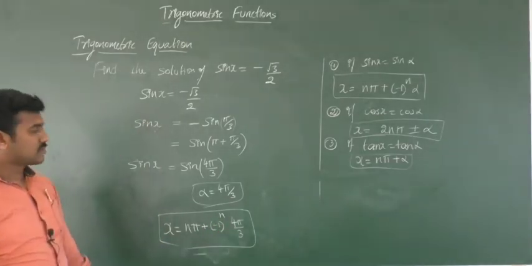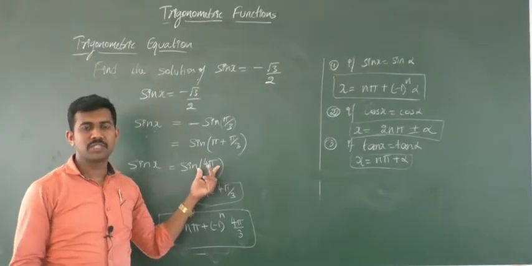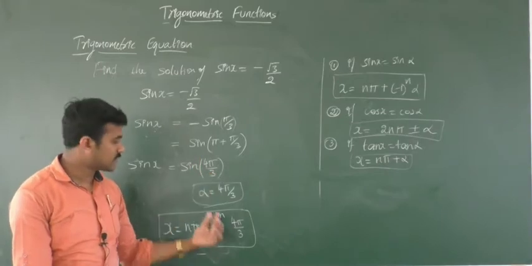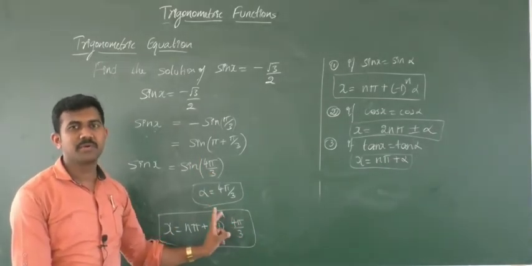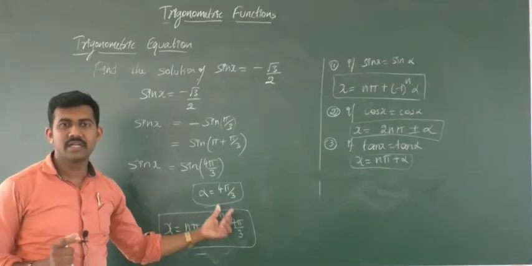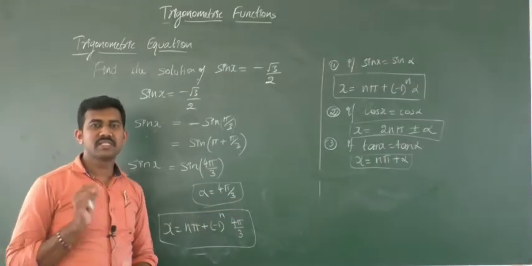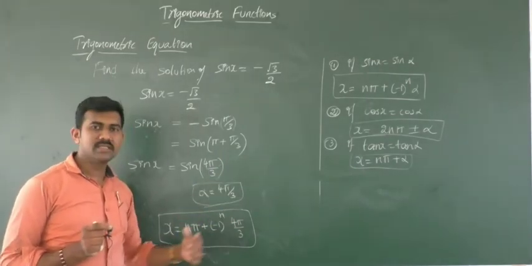If you take the other principal solution, which comes in the fourth quadrant, we'll get another alpha value, but both are the same, it only appears to look different, the values will be the same. So it is enough to write one of the principal solutions and then write the general solution.